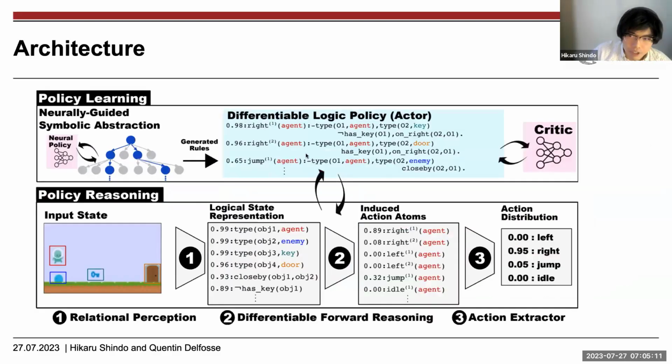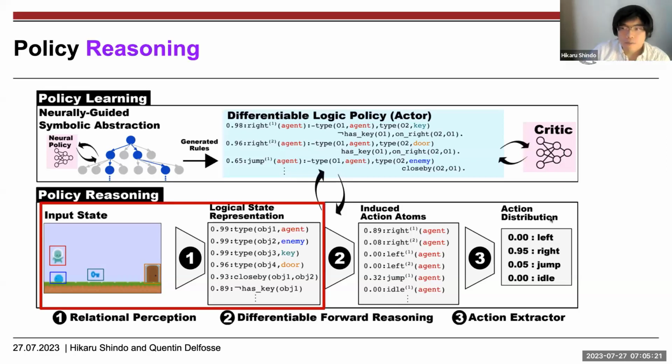And we established a kind of policy reasoning and policy learning framework using differentiable logic reasoning. First, I'm going to briefly explain how we do policy reasoning. The input state is converted to a relational representation in the form of atoms in first order logic.